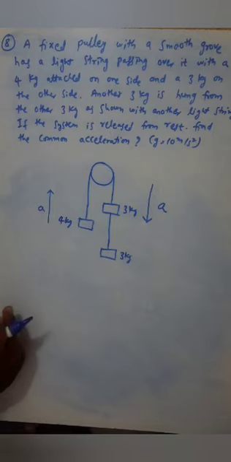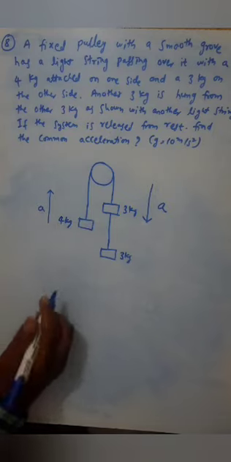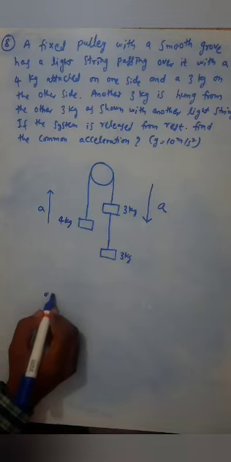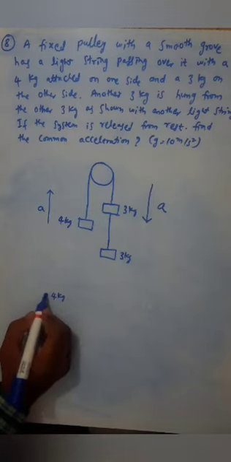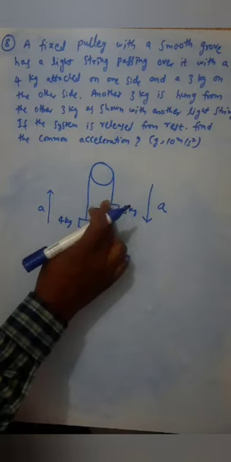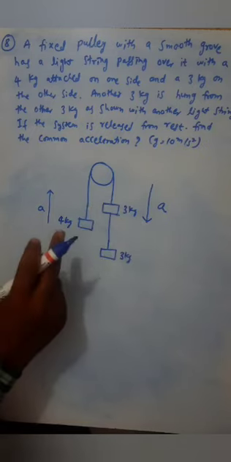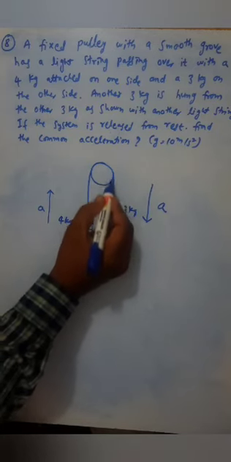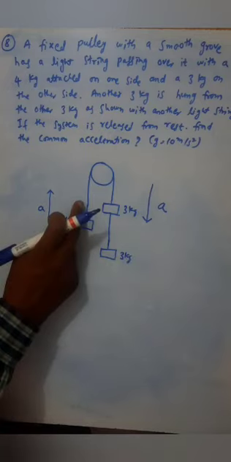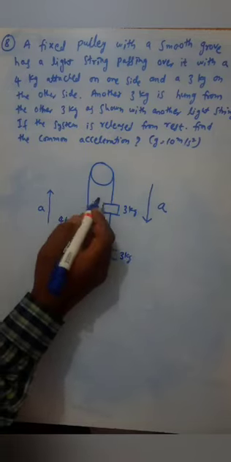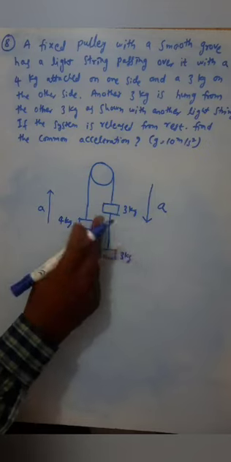I am writing the free body diagram for the 4 kg mass. Here we have a rule: if the string is the same, the tension is the same. If the strings are different, the tension is different.